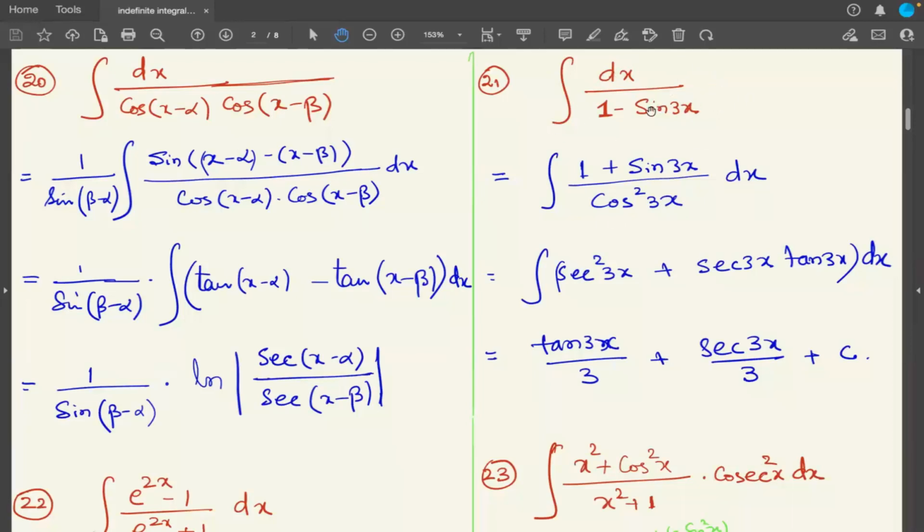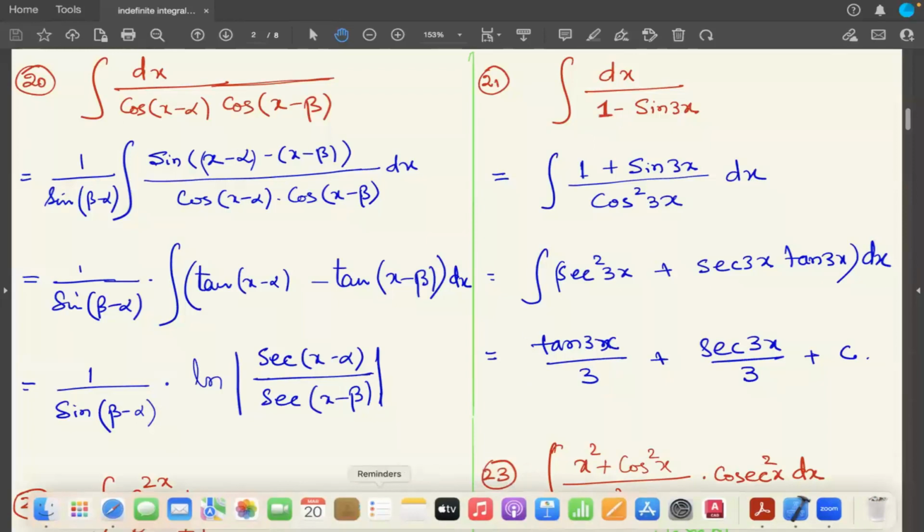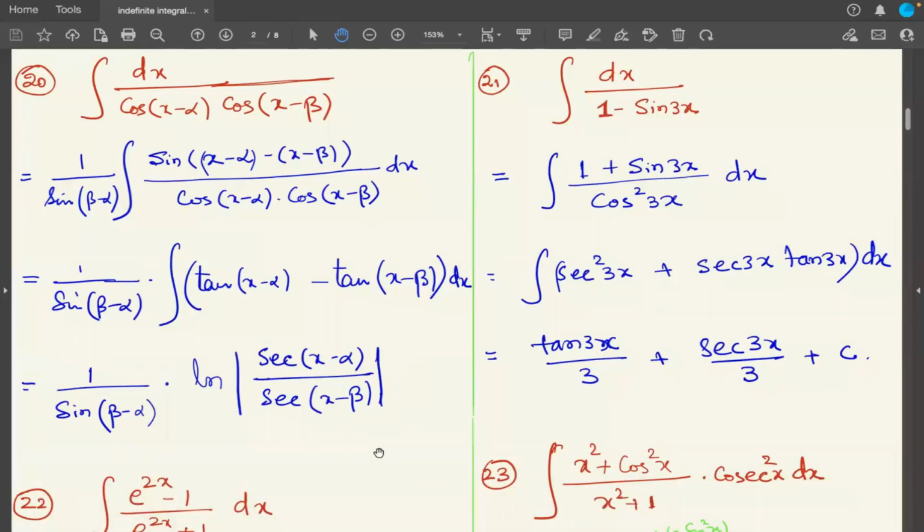Sine 3x is a short form; you can also write it this way when solving big problems.